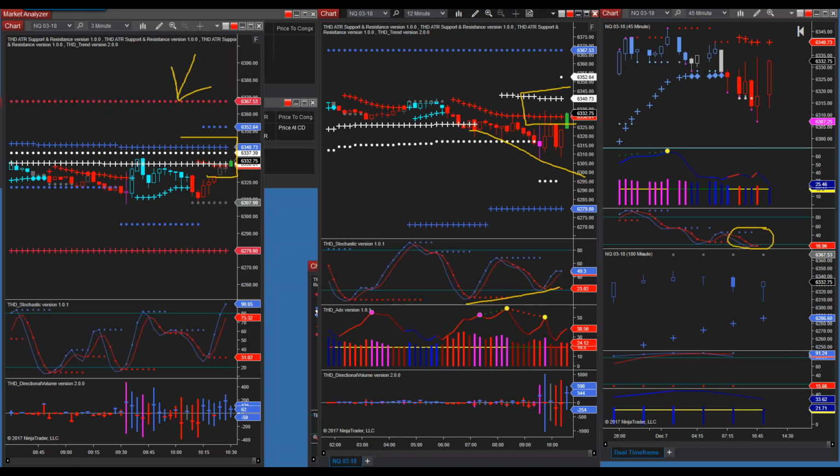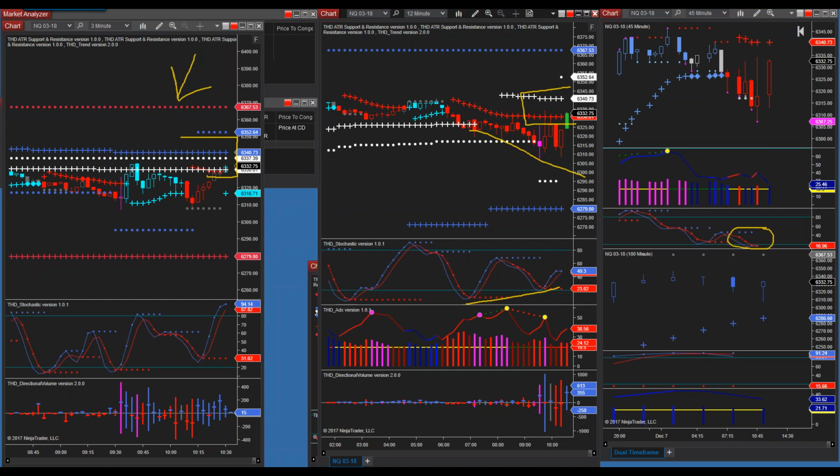So I'm taking the same thing that I just did, but I'm saying, I'm going to the 12-minute because it's aligned with the 45-minute. Is the stochastics confirming this trade? No. There's trend divergence indicating an upward move. You've got overextension over here that is going to go up. Does that clarify it for y'all?